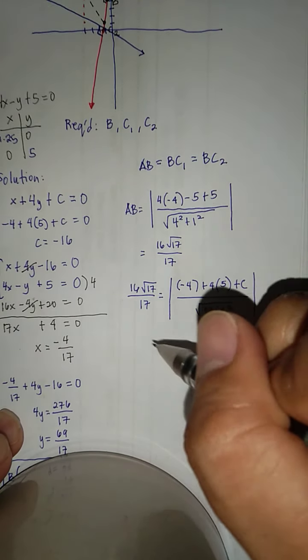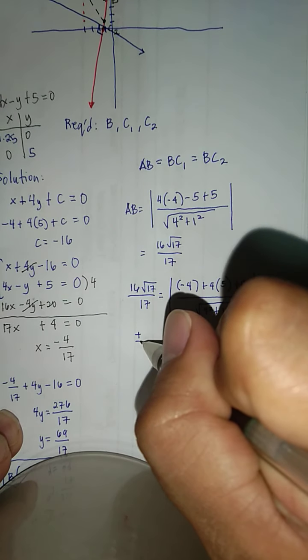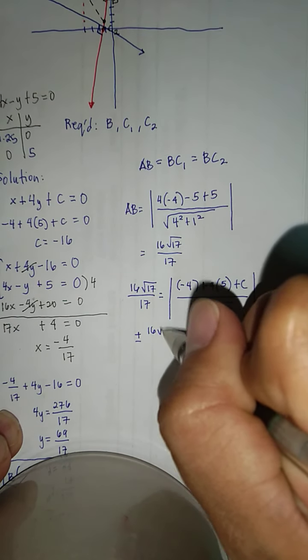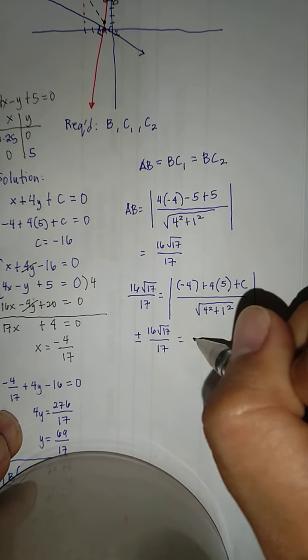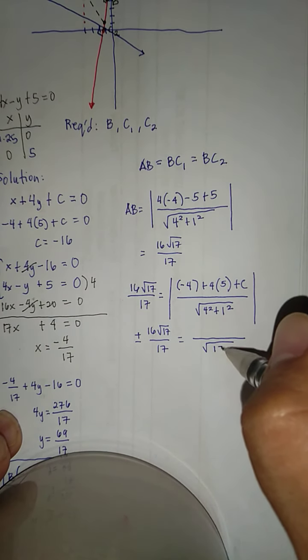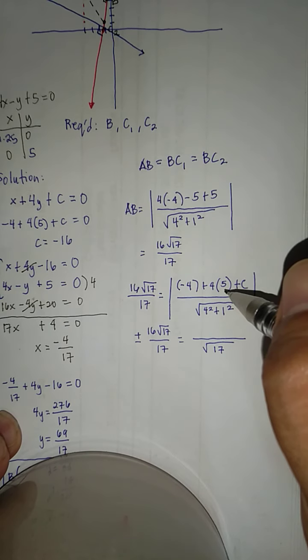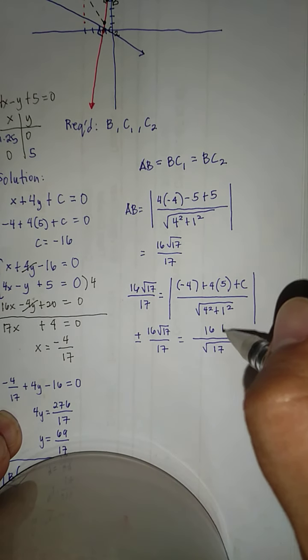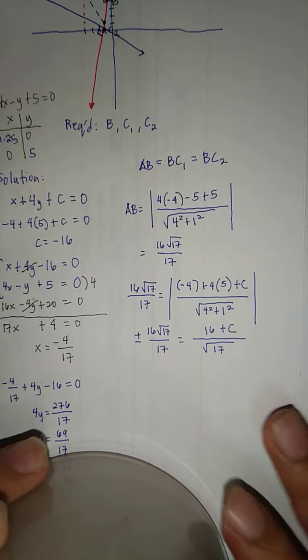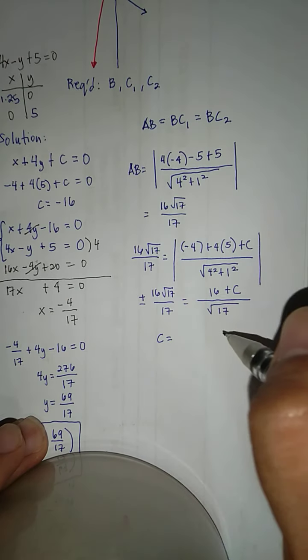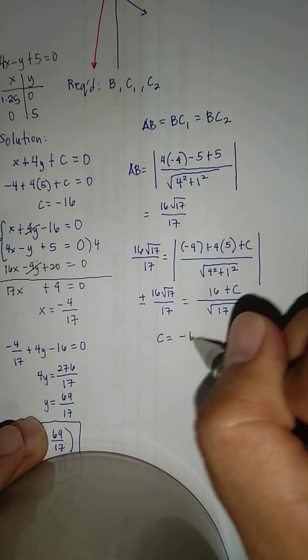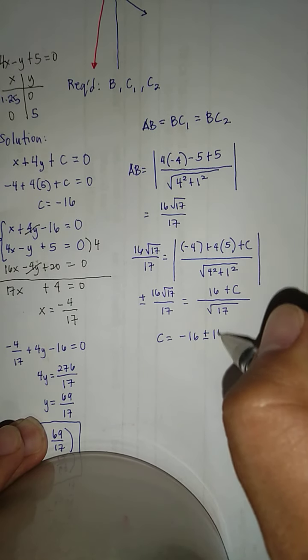Taking the absolute values of plus and minus, 16 square root of 17 over 17 is equivalent to square root of 17 times 16 plus C. So solving for C is equivalent to negative 16 plus and minus 16.